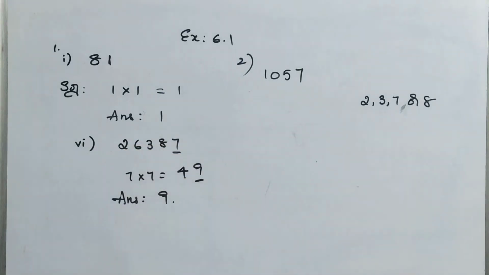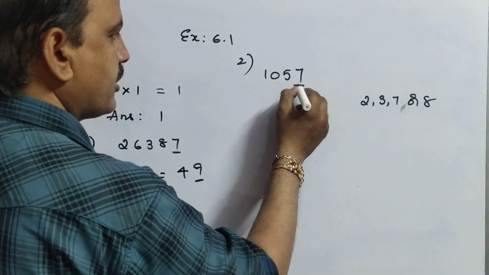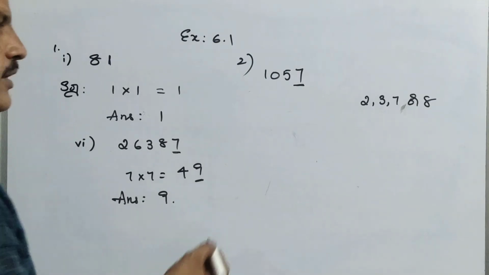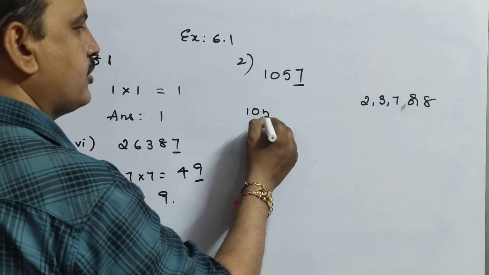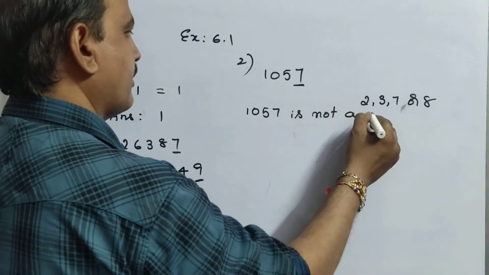Now the first question here is 1057. That means here the units digit is 7. So what happened then? It is not a perfect square. You can write: 1057 is not a perfect square.